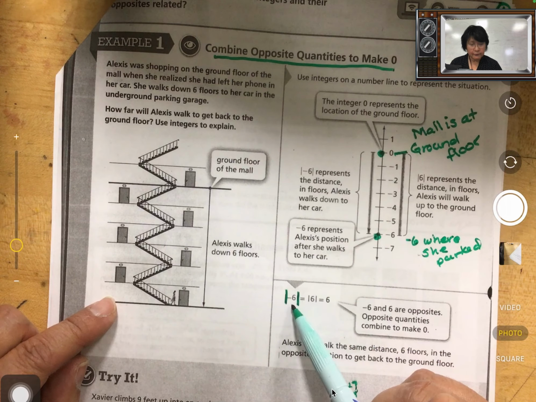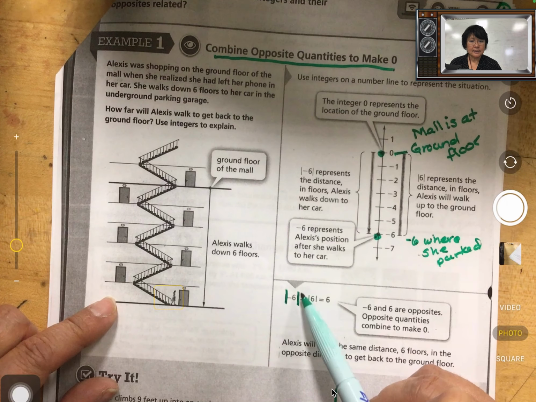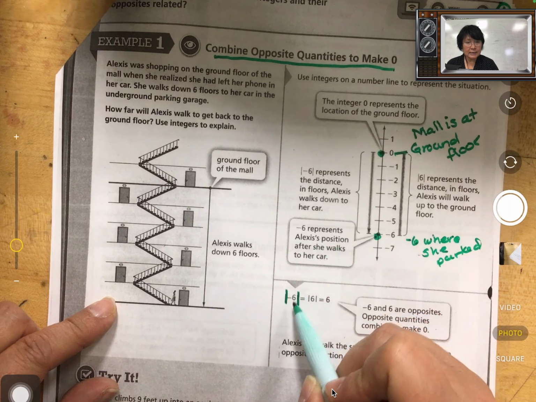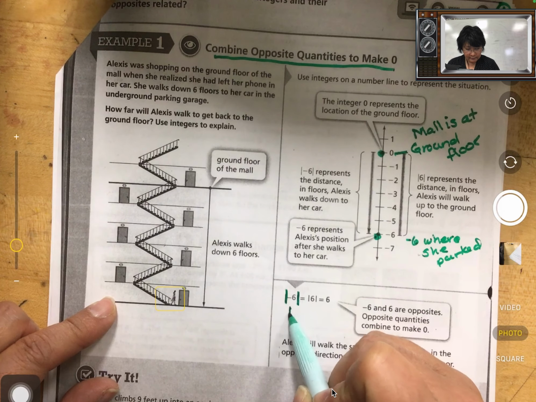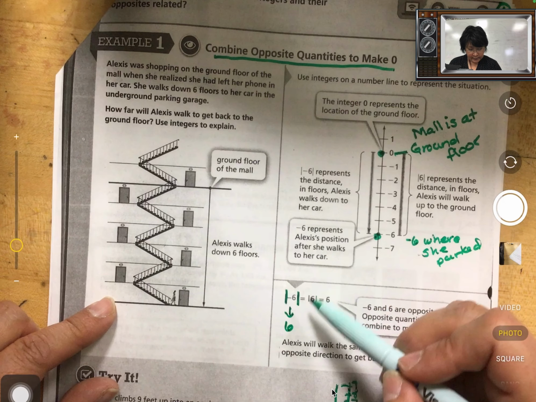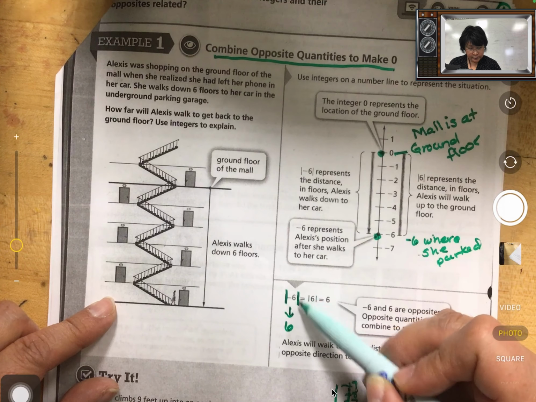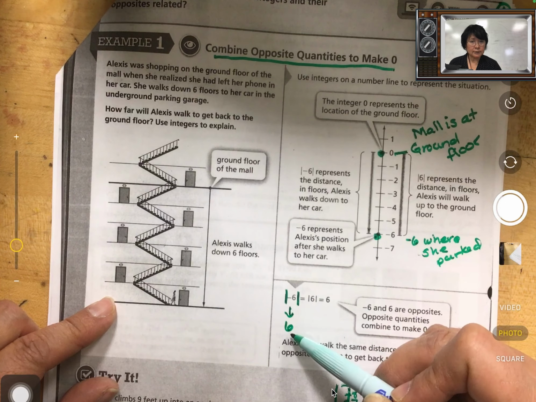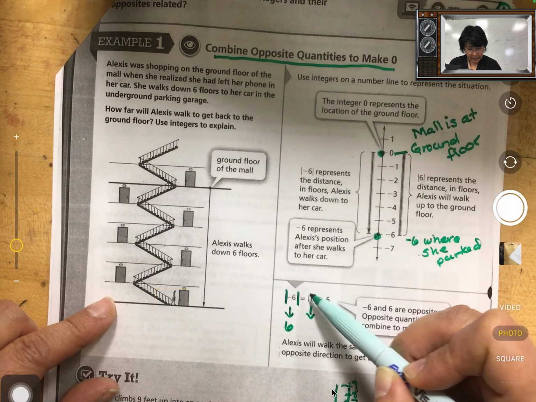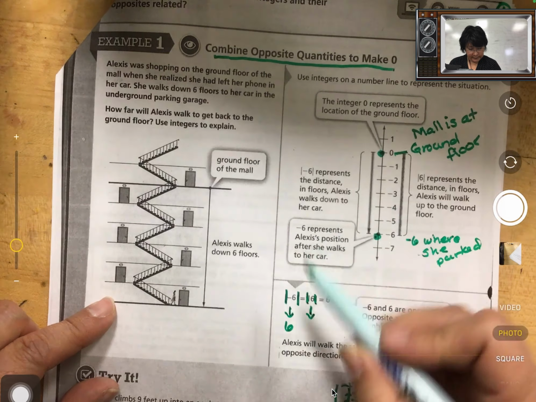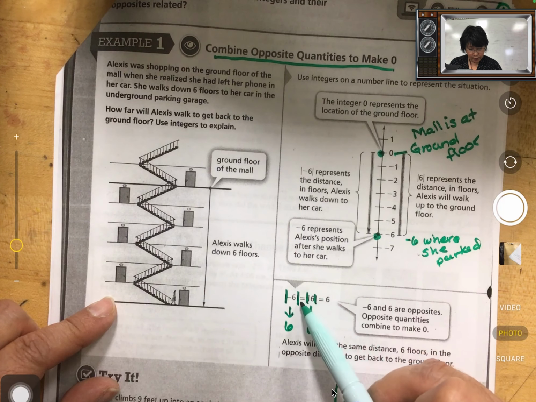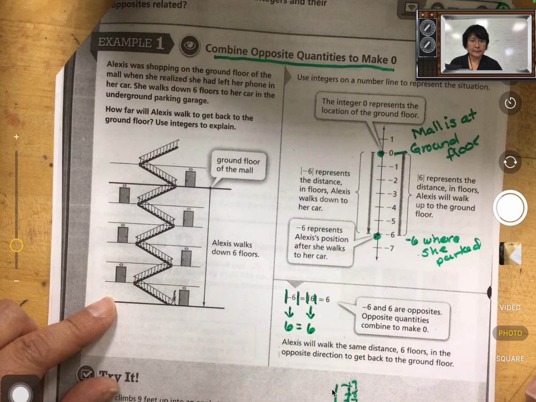So the absolute value of -6. You should recall that for absolute values, anything that goes inside comes out a positive number. So the absolute value of -6 is +6, and the absolute value of +6 is 6, because everything will come out positive. So we have 6 is equal to 6.